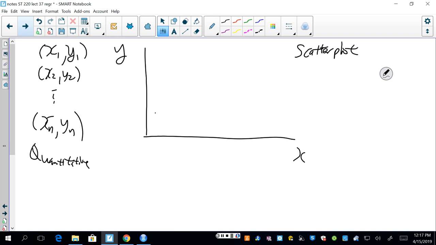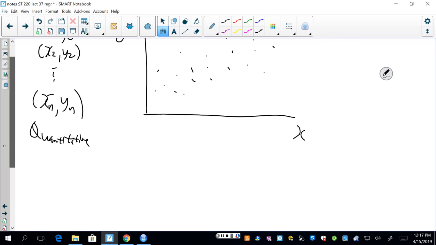We can have different points along here, and maybe it's going something like that. The basic question is, are these variables associated? Are x and y associated with one another?